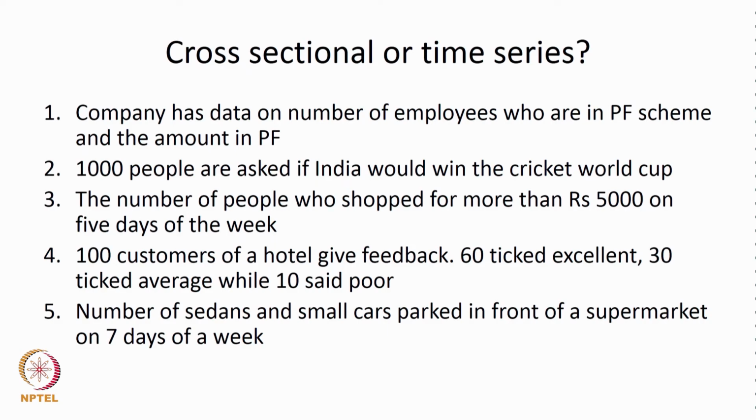So, these examples made us understand, given different situations, whether the data falls under categorical or numerical, and within that subcategories such as ordinal, interval, and so on. We look at another aspect of this, and we want to check whether given situations the data is cross-sectional data or time series data.